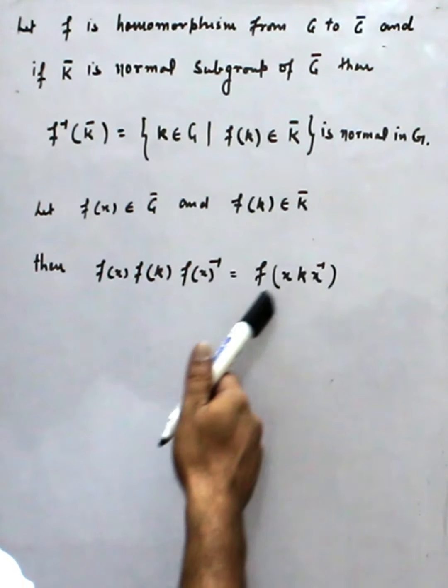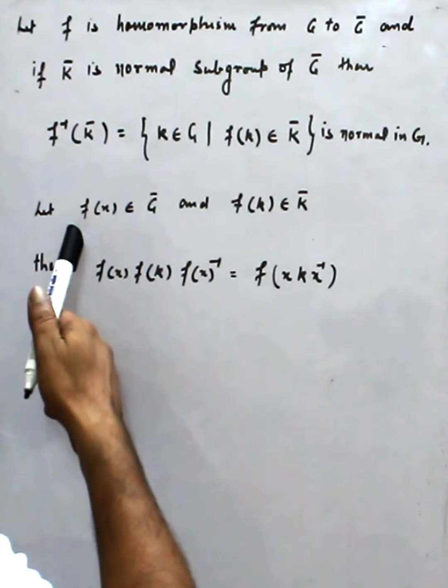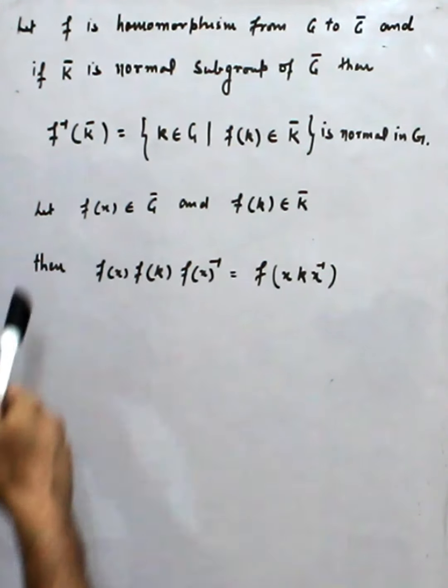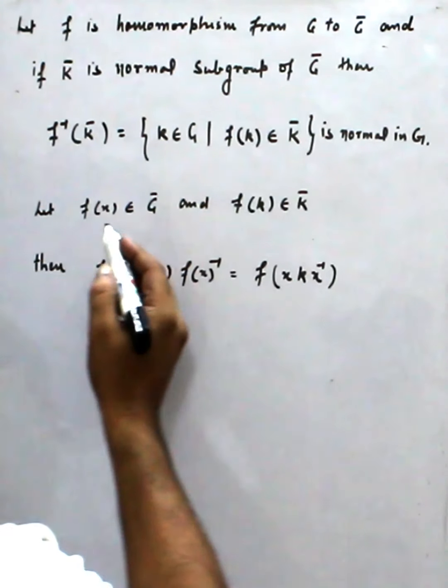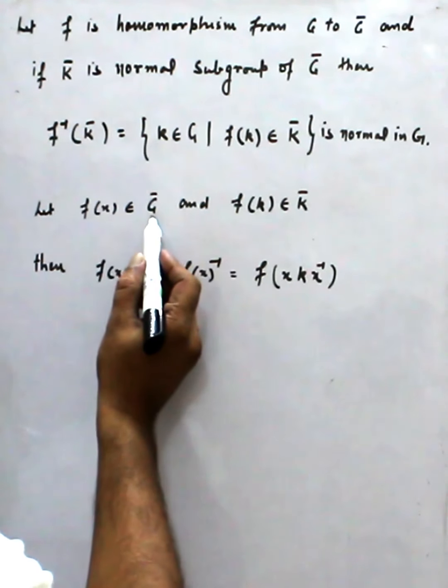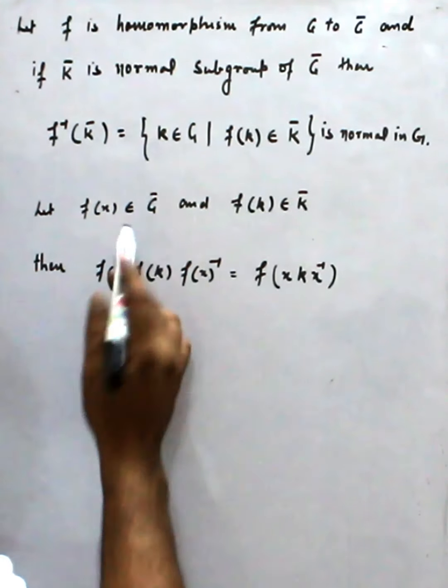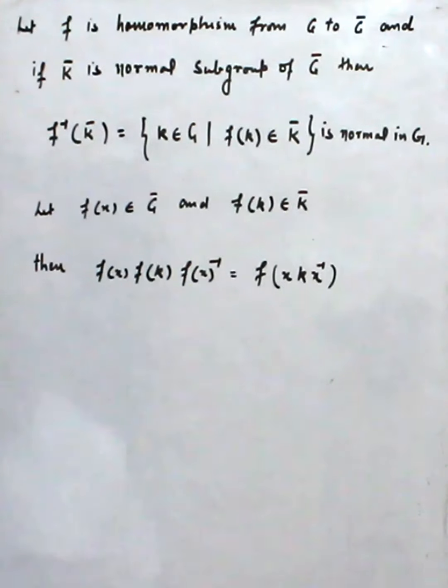Now this element is in G bar, so x belongs to G, right? This means x belongs to G, simply because f(x) belongs to G bar, as it is the codomain.